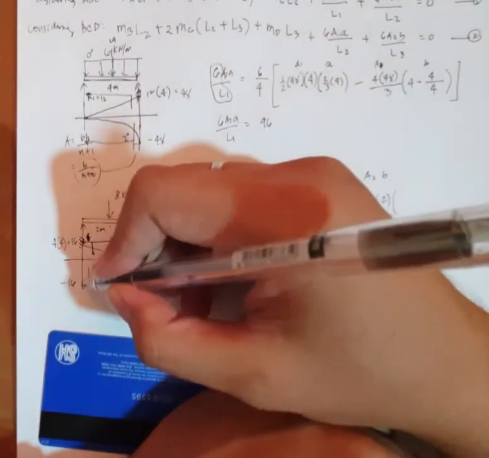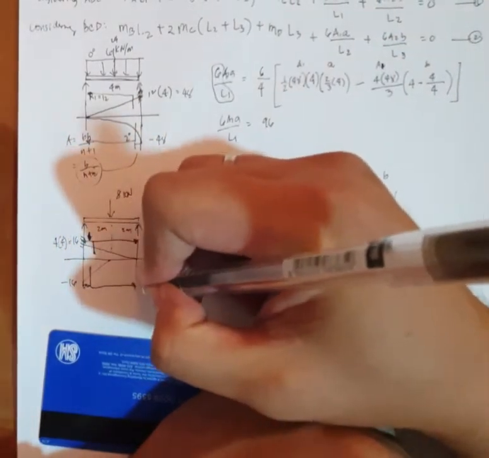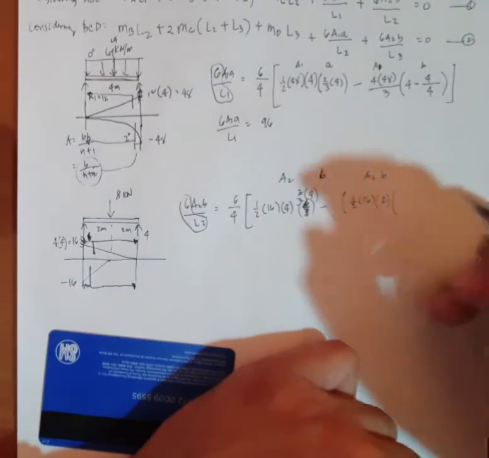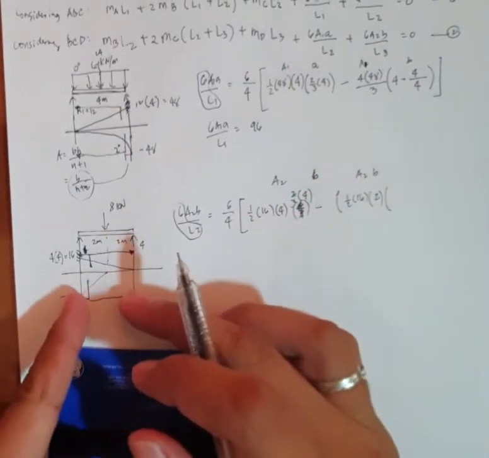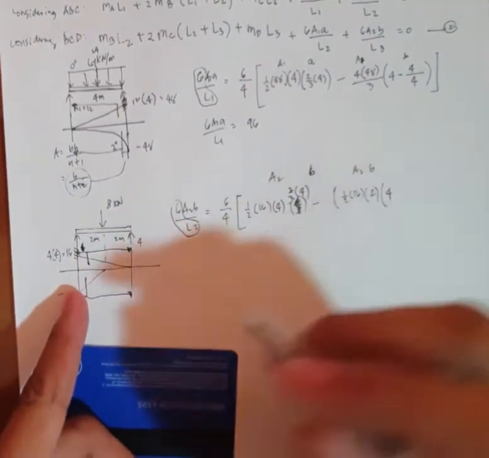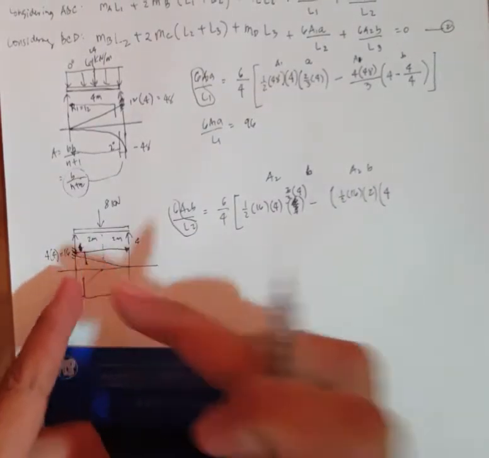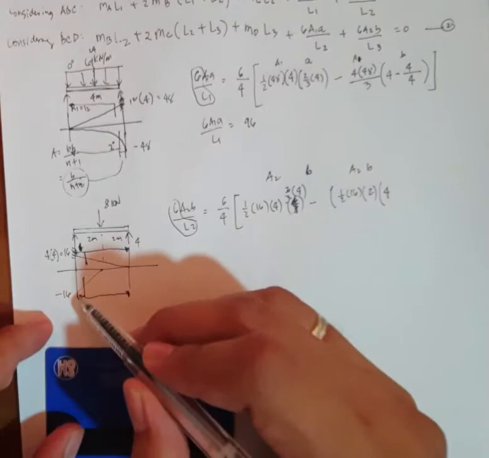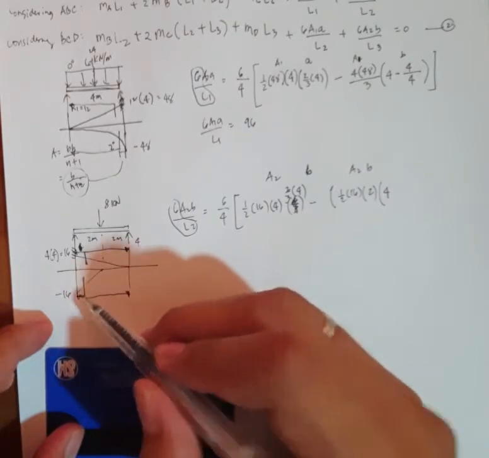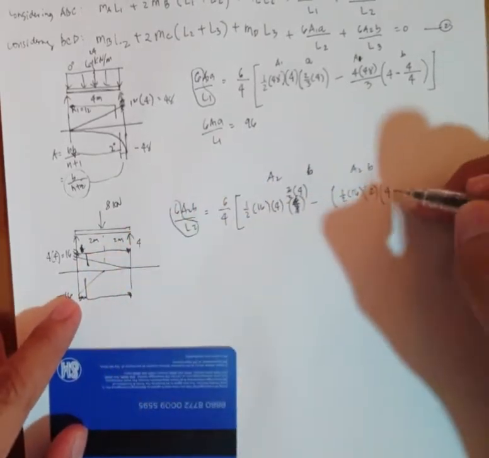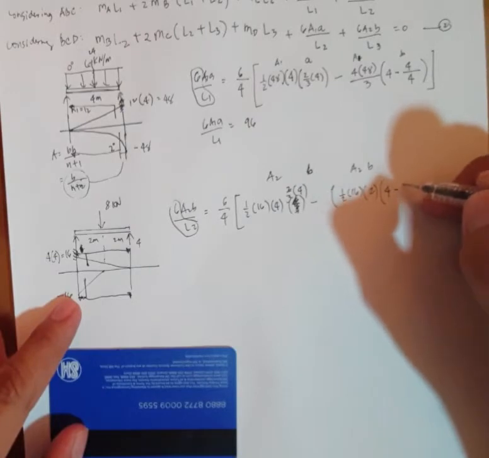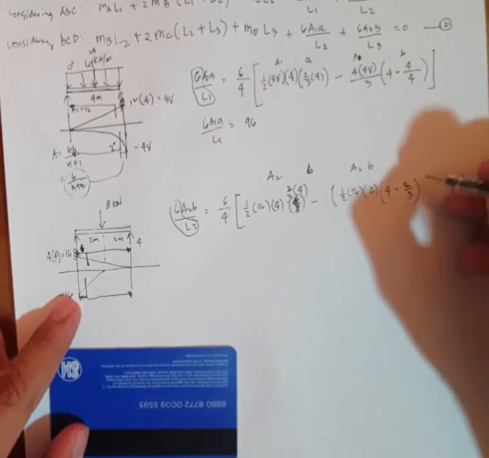So here we go toward the right. So that is 4 meters minus 1/3 of your 2 meters. Okay? 1/3 of your 2 meters. So that is 4 minus 1/3 of 2 meters, that is 2/3. Okay.